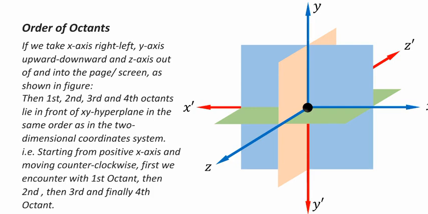That is, starting from the positive x-axis and moving counterclockwise, first we encounter the first octant, then second, then third, and finally the fourth octant.